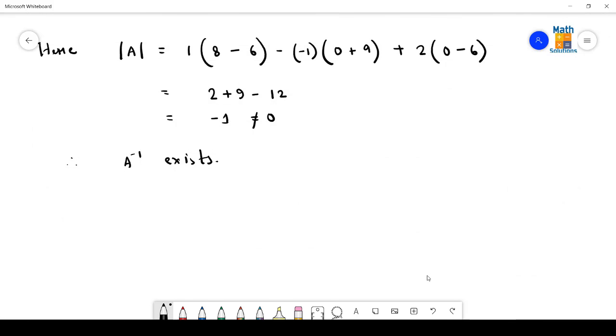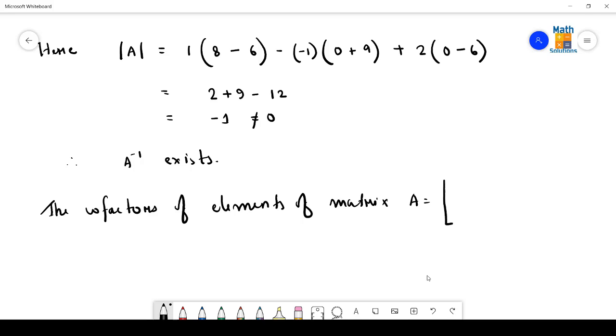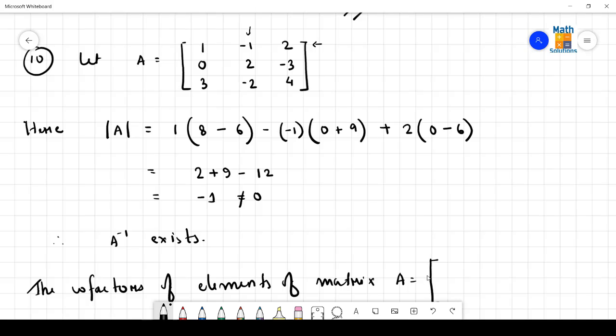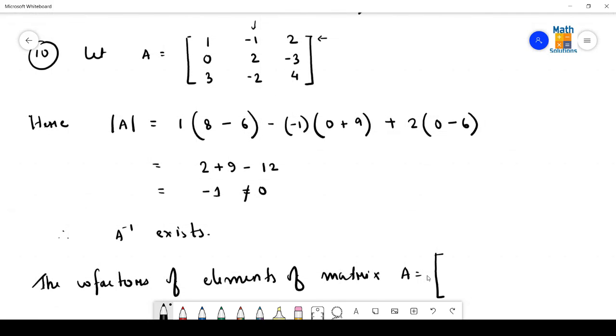Next, there comes the cofactor matrix. Cofactors of these elements of the given matrix we have to get here. So I shall be writing here the cofactors of elements of matrix capital A equals to, let us write down the elements of the given matrix once again. 1, minus 1, 2, then 0, 2, minus 3, then I get here 3, minus 2, 4.